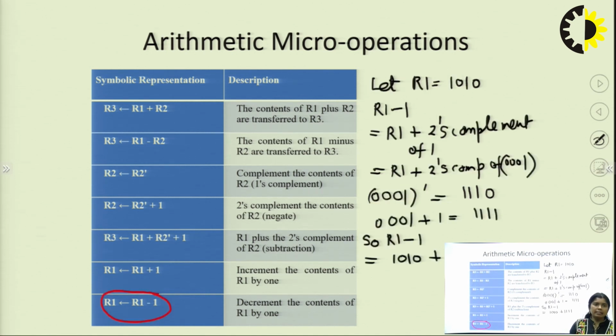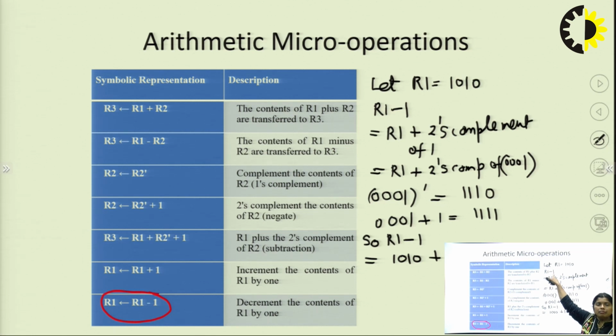The next is the decrement. Decrement is again the same thing, just like R1 minus R2. But because it is a decrement operation, the second value is 1. Here I am taking R1 as a 4-bit number, so 1 should be considered as a 4-bit number. So R1 plus the second value's 2's complement will be added to the R1 register.